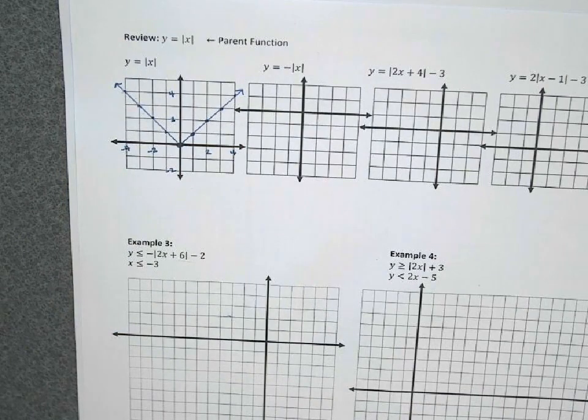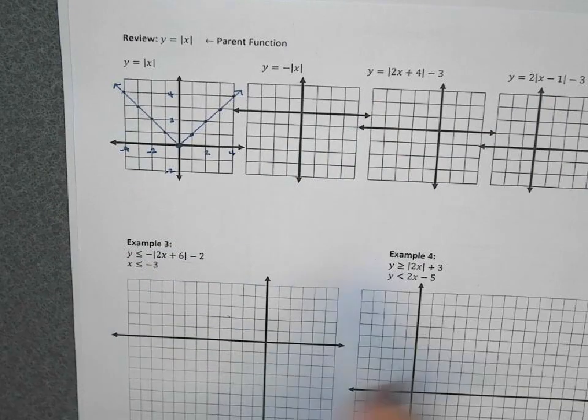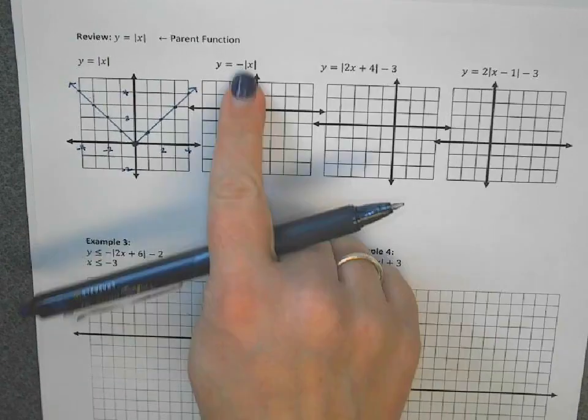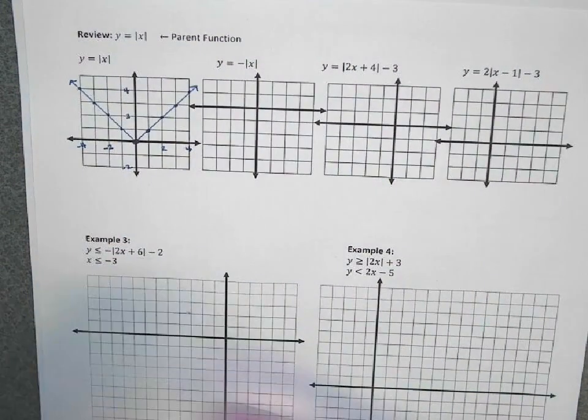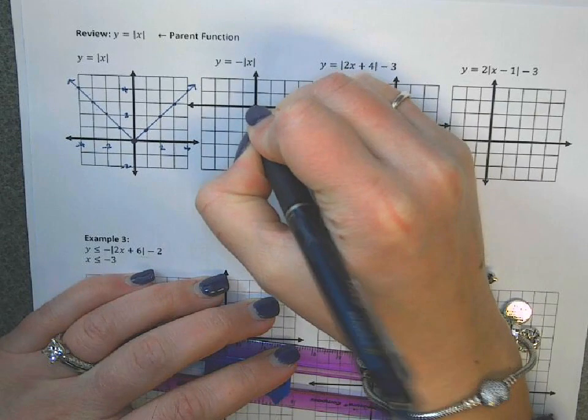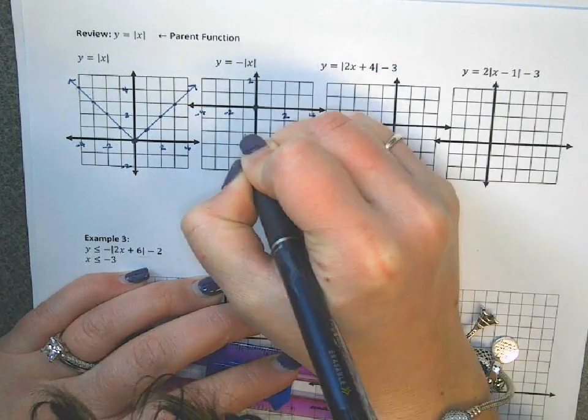And there I have y equals the absolute value of x. I'm just doing equations right now. These are not inequalities. We're just doing a recap on graphing absolute value equations. If the negative sign is out front, your v flips upside down. So our vertex didn't change. It's still at 0, 0. Put some scales on here.